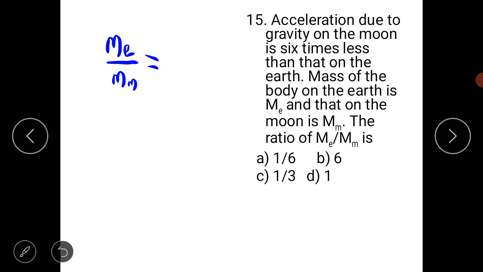Remember, the mass of the body is independent of the acceleration due to gravity. Whatever the mass of the body on the earth, the mass on the moon is also the same. So by taking the ratio we get 1, remember.